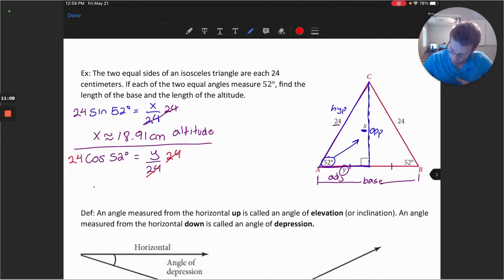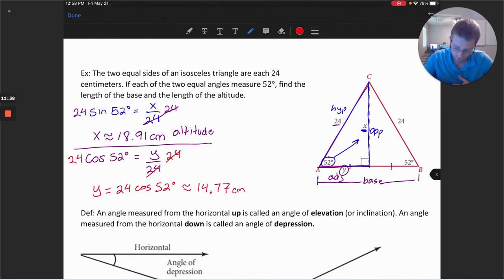So if y, we'll write this down one more time, is equal to 24 times the cosine of 52, this we'll find is going to be approximately 14.77. And that's in centimeters again.